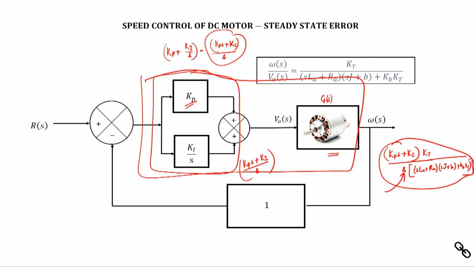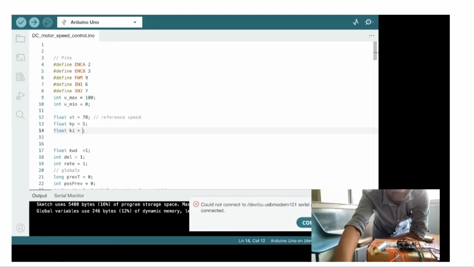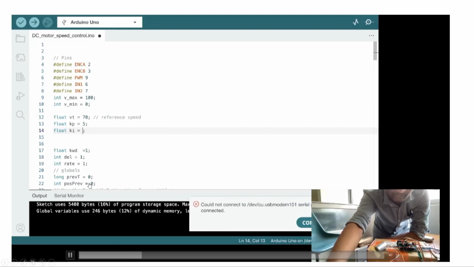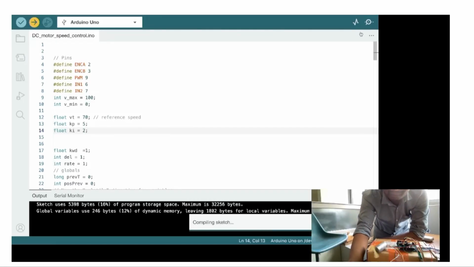So the values that we just have to choose are Kp and Ki, right? We will choose some arbitrary value for now and let us see what happens. Now I am giving the value of Ki. Ki is 2, some arbitrary value, and notice what happens.